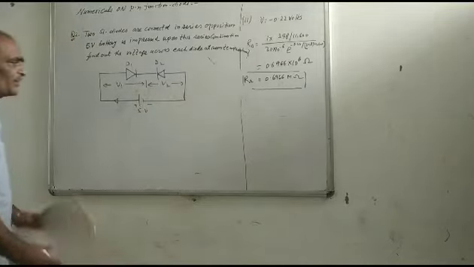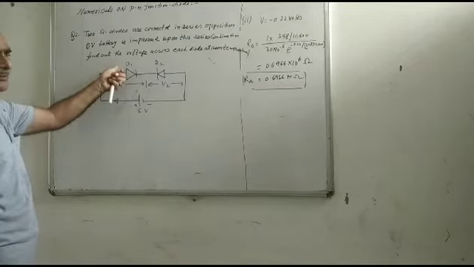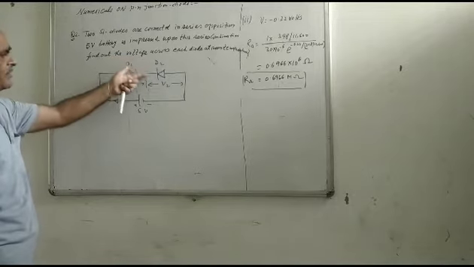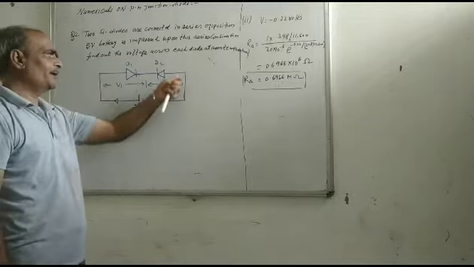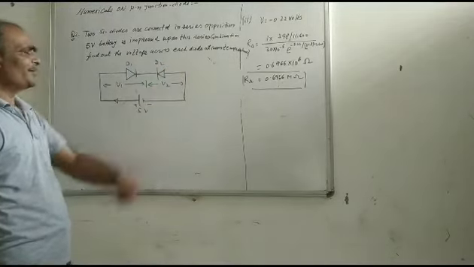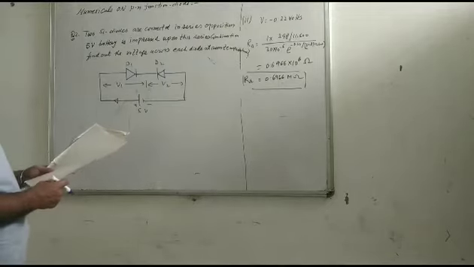As the positive terminal of this battery is connected to the P side of diode D1, this diode becomes forward biased and behaves just like a switch on. But the negative terminal of the battery is connected to the N side of the second diode, so the second diode is under reverse bias condition.